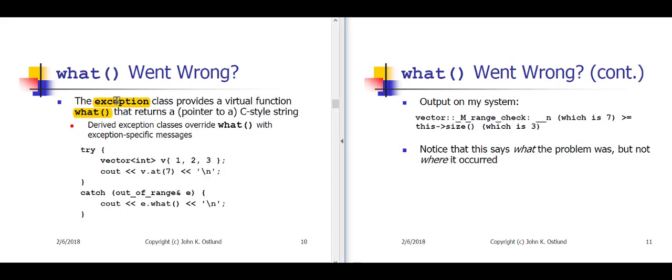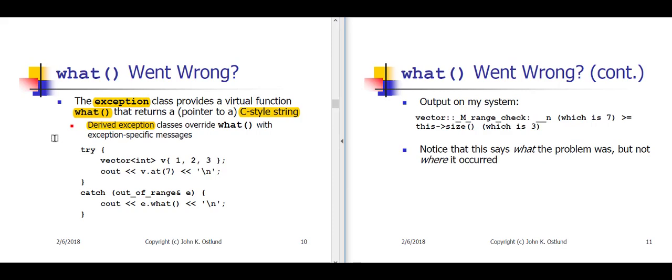The what member function returns a C-style string. That is, it returns a pointer to the first char in a sequence of chars terminated with a null char. And the derived exception classes, such as bad_alloc and out_of_range, provide overrides for what that give messages that make sense for that particular kind of exception.